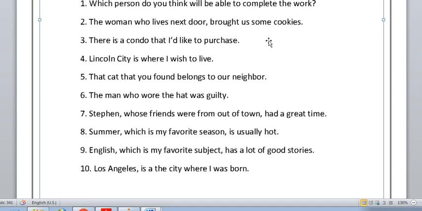This is the adjective clause. You write it on paper and send it to me. You send the answers from 4 to 10. This is your homework for today. It is due in 2 days. Today is Monday, so Wednesday, inshallah. It is due next Wednesday.